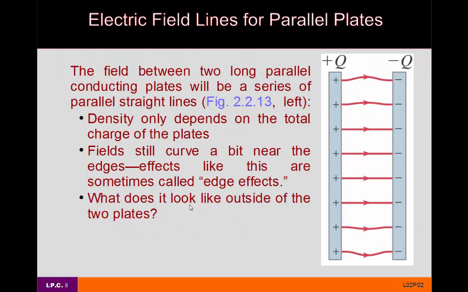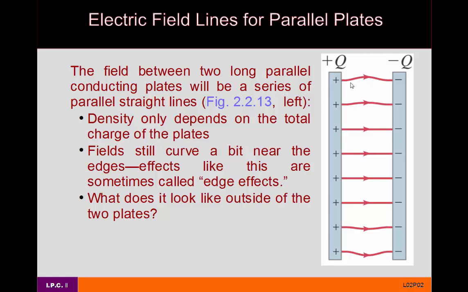Alright, let's do one last set of field lines because this one's also a pretty important set of field lines. What happens if you have two long parallel conducting plates? By the way, we will study what happens when you have this configuration in a future chapter. This is basically a parallel plate capacitor.